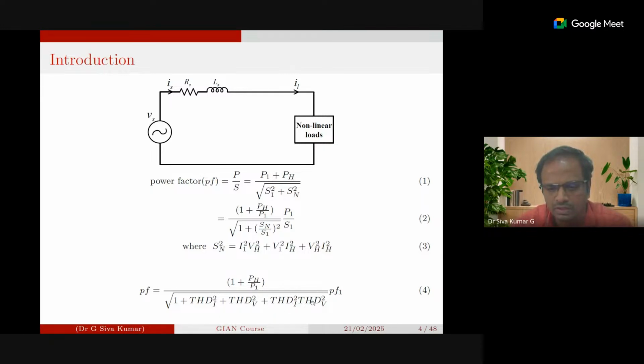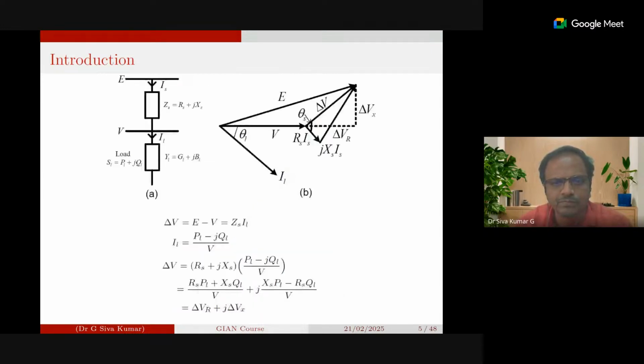Suppose your PF1 is around 0.9; with this factor it is going to be decreased further. What I want to highlight is that when you have harmonics, you are going to lose your power factor also.